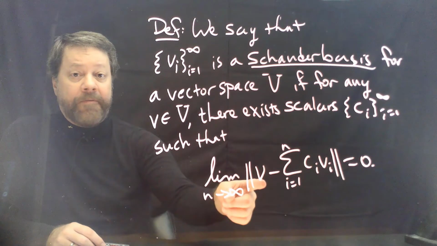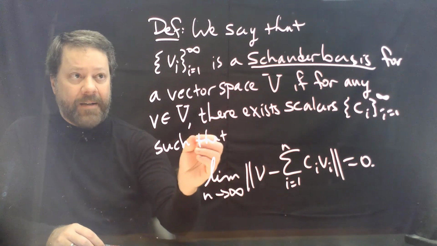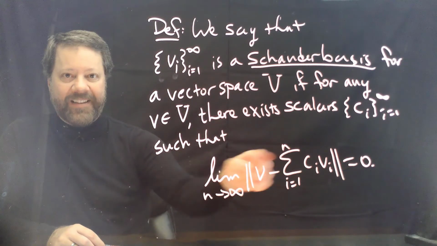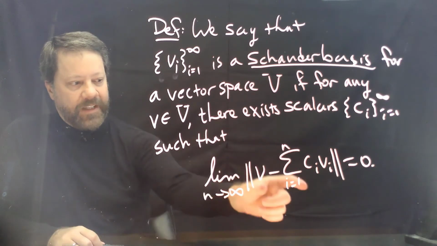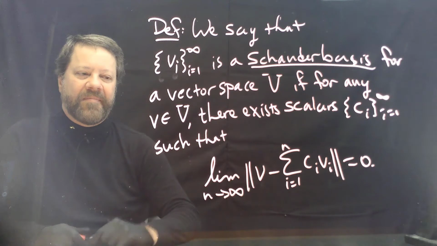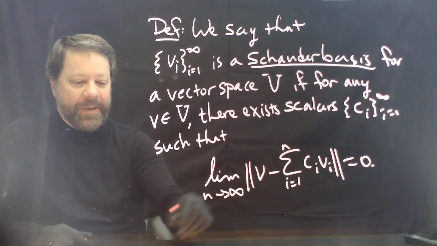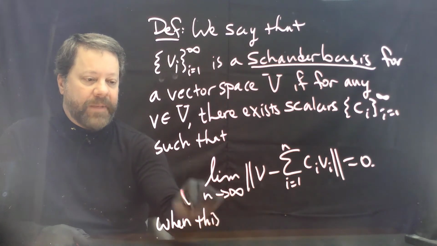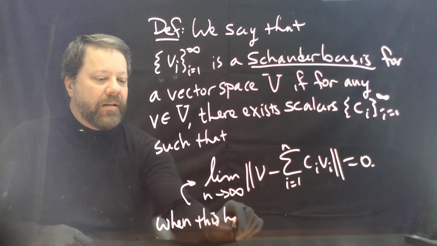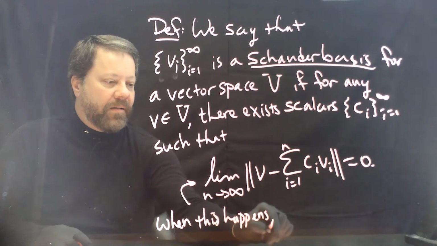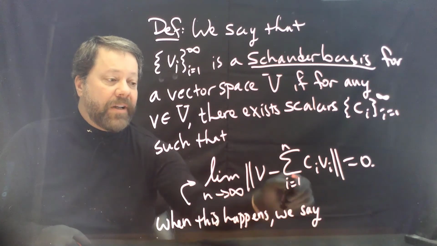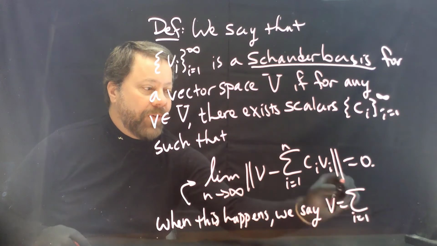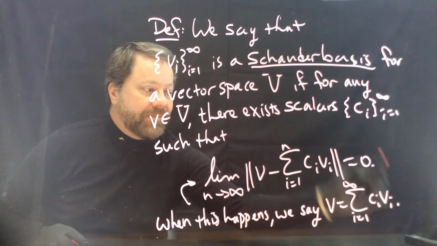In this way, V may not be a finite sum of elements in the Schauder basis. It may take an infinite limit in order to construct the entire vector V. Now, when this happens, even if we don't have a Schauder basis, we'll say that V is the sum as i goes from 1 to infinity of Ci Vi.